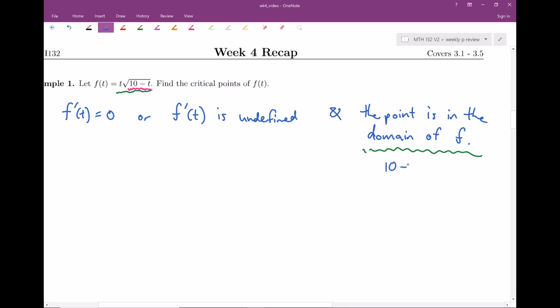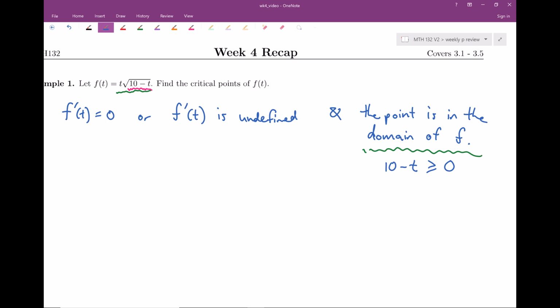If I don't want to plug in negatives, that's to say I want this to be greater than or equal to 0. If it was less than 0, that would be a negative number in the square root. The square root of a negative number isn't real, and thank goodness we're not doing imaginary or complex calculus. It does exist, but luckily we're just doing real valued calculus, so we're going to stick with the real numbers here.